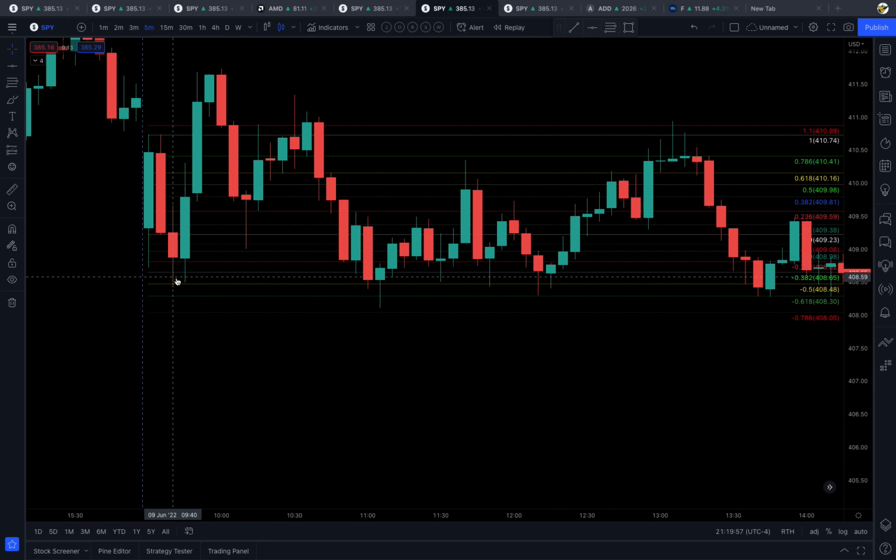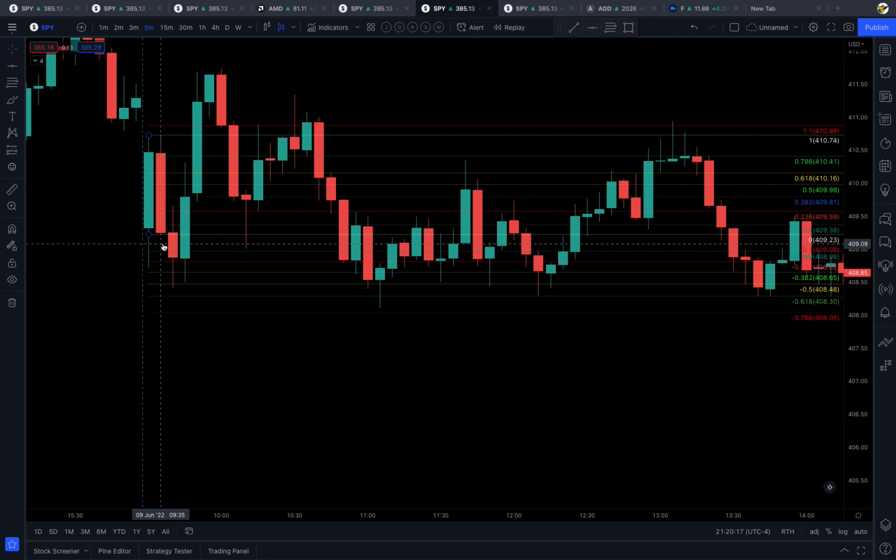It broke below it, and as you can see, it hit my first profit right there, to 382. So I took 2 off. It hit the second one, the 5, so I took the other 2 off. This next candle, I got out of my runner, and I'm glad I did, because you can see it ran back up. It definitely would have stopped me out.